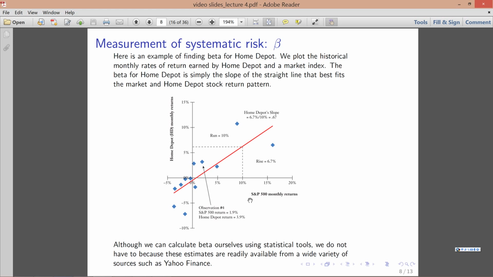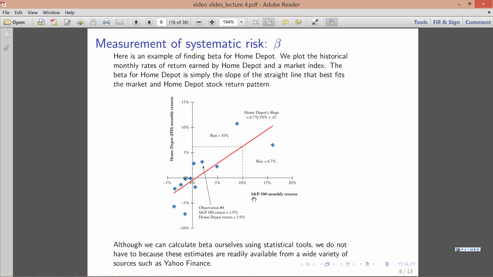A very commonly used proxy is the S&P 500 index return. The S&P 500 index tracks the collective performance of the 500 most important stocks in the US market. So it is close to a market portfolio, but not exactly. But this is the best we can get.